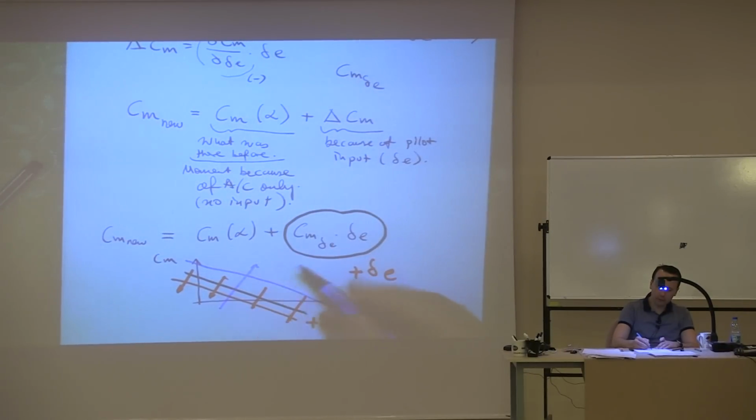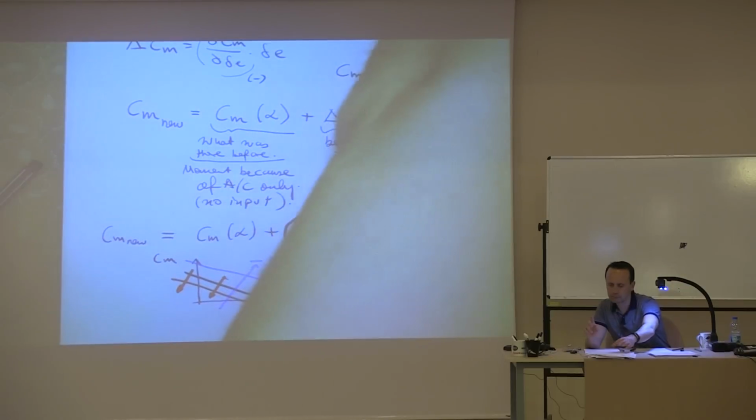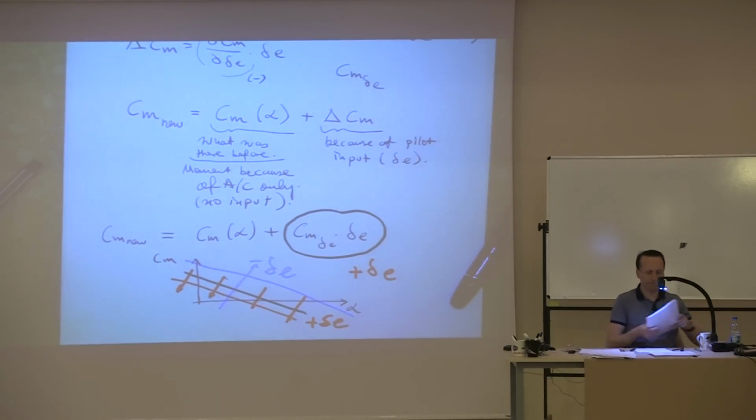It would be moving this way, and this would be for a negative del E. Okay, we are almost done with this.